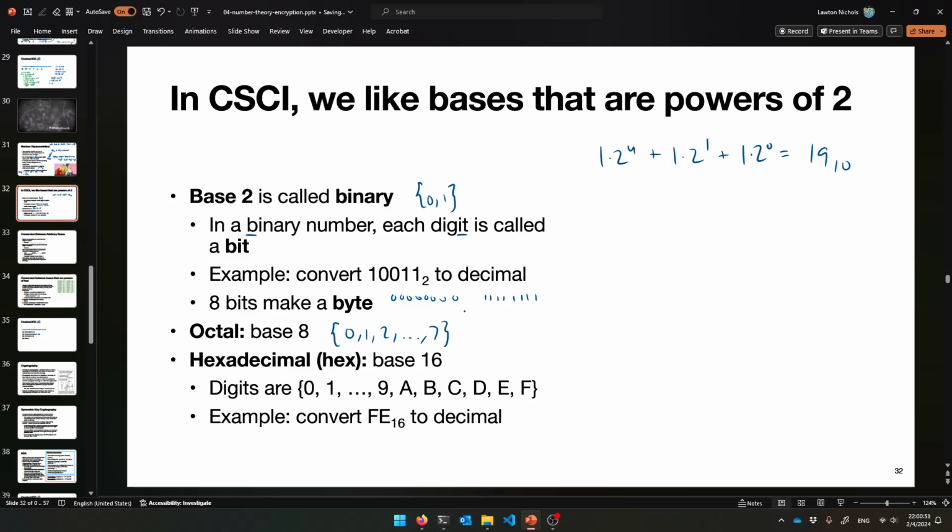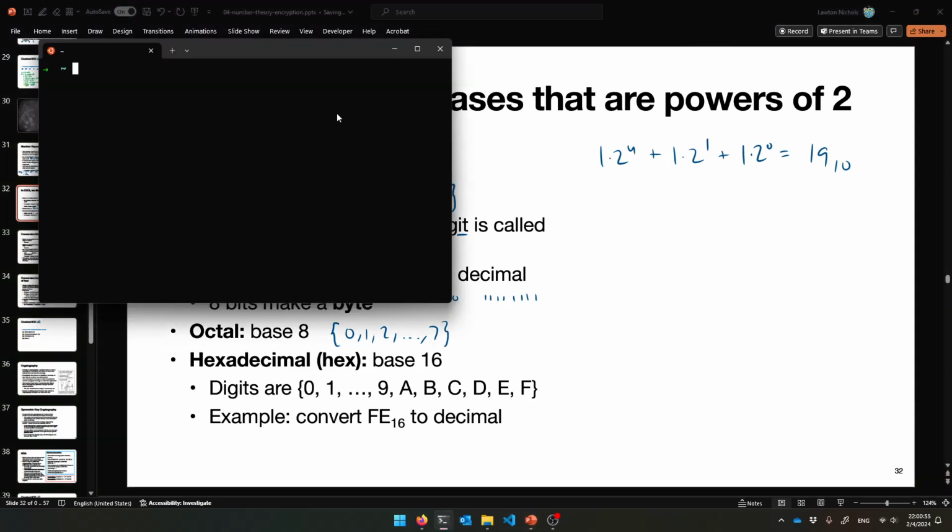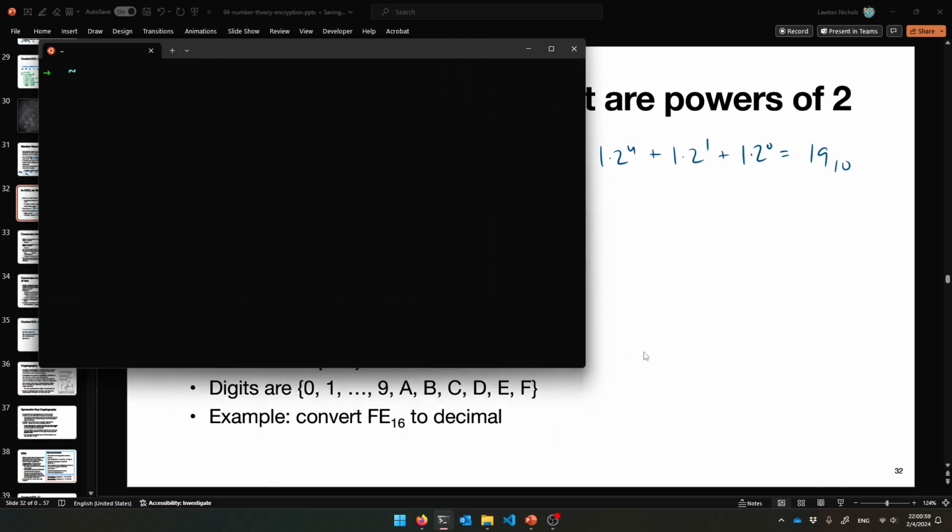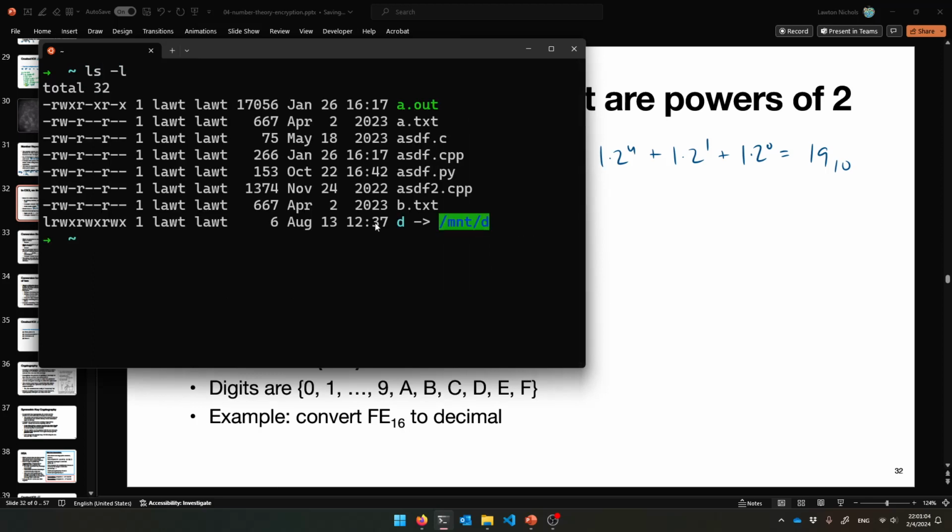Okay? And one thing that octal numbers are good for is permissions inside of a file system. So in Linux land, if you do ls -l, it shows you a bunch of files, and it shows you their permissions. For every file, can you read, write, or execute it if you're the owner? Can you read, write, or execute it if you're the group that the file belongs to? Can you read, write, or execute it if you're just anybody else who is looking in on this file system?